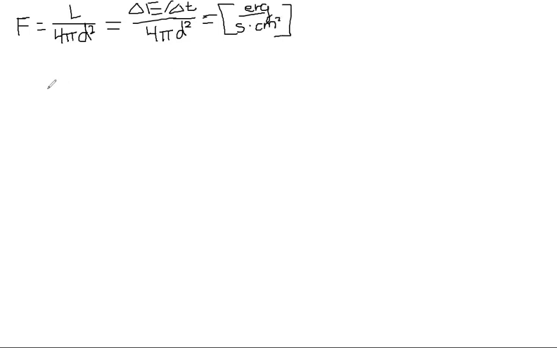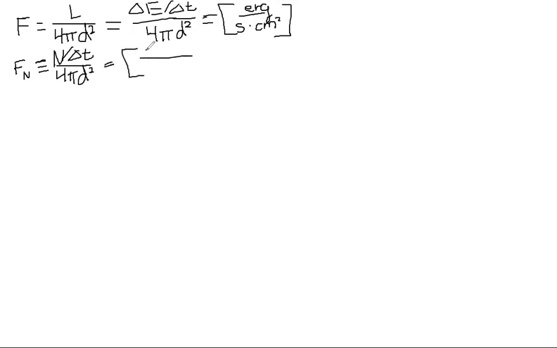However, what this problem is looking for is neutrinos per second per square centimeter. So I'm going to think of this as a type of counting flux because it doesn't have energy. It has a number in there. So I'm going to define it, with a little equal sign with 3 dashes instead of 2, this type of number flux to be number per unit time per 4 pi d squared, because it's not energy flux that's coming through, it's number flux.